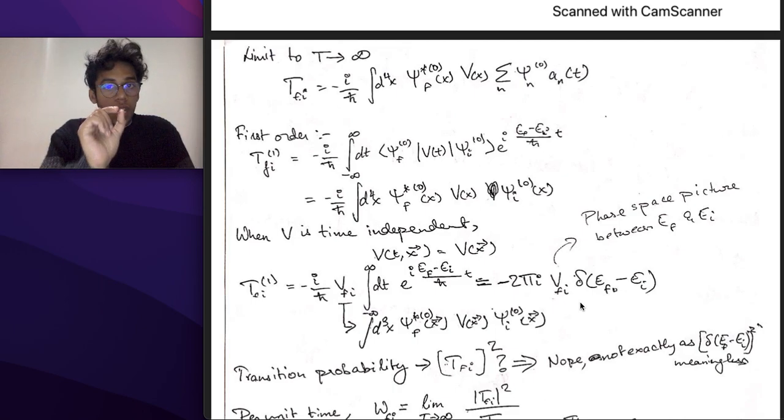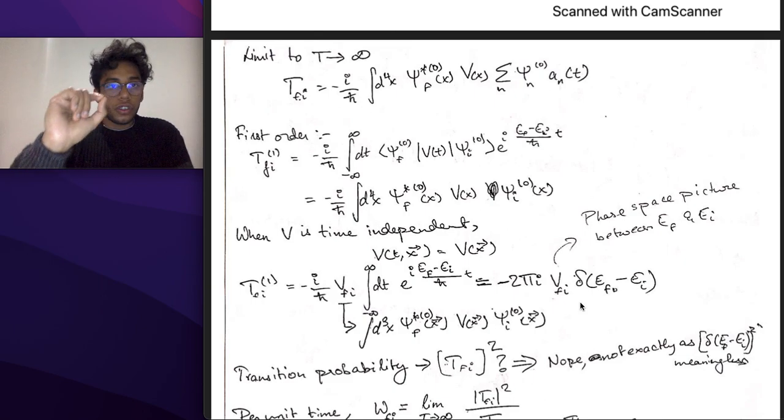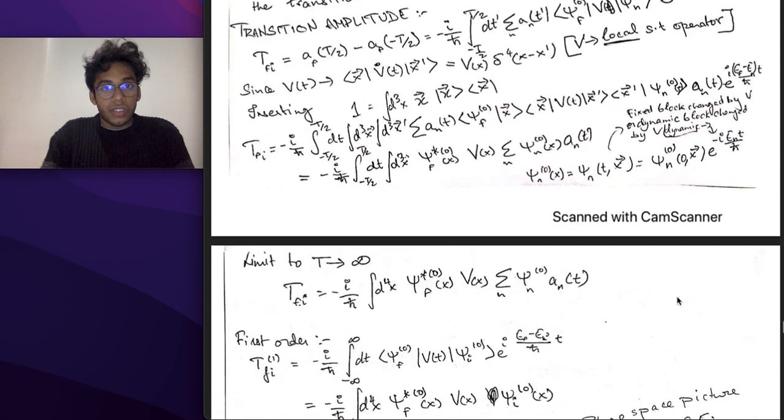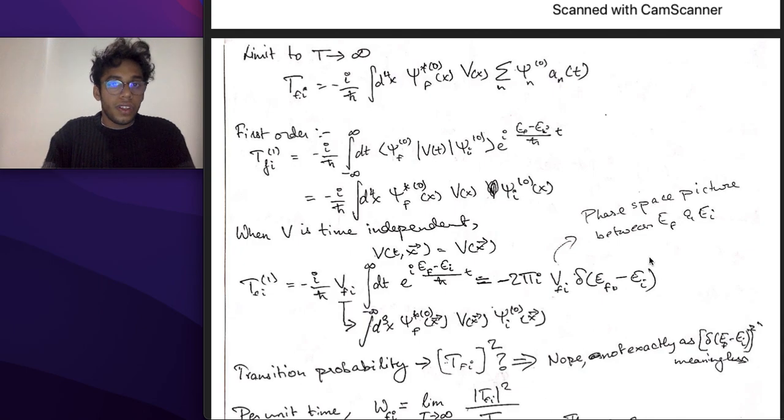So your transition time is very little, and therefore your change from initial energy to final energy has to be as little as possible. And as the energy gap is larger and larger, the transition probability is lesser and lesser. The transition amplitude is lesser and lesser. Okay, so this is the basic idea here.